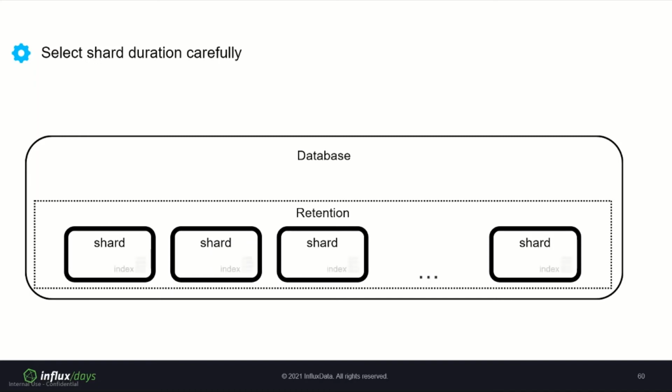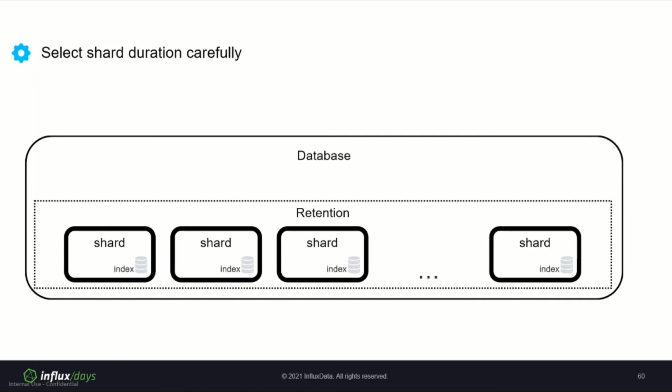But every shard has its own index, and the index is the most resource consumptive part inside InfluxDB. If you have 60 shards in your database, you will have 60 indexes, and 60 indexes will consume much more resources compared to say 10 shards with the same retention policy.